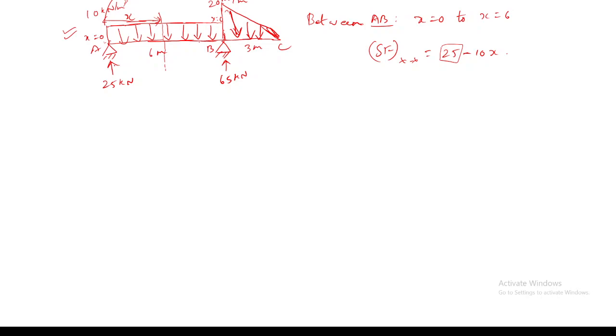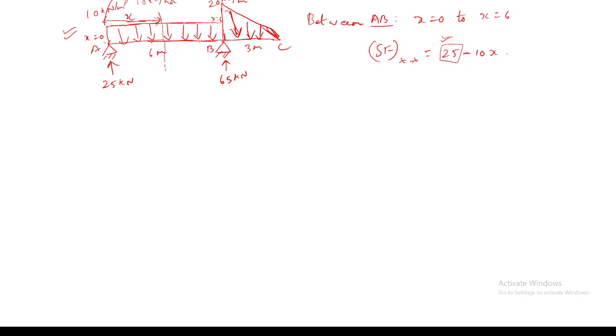Here, due to the point load, based on the sign convention which we are following, the shear force of 25 kilonewton is positive, so I have written it as a positive value. And due to the uniformly distributed load, which is 10 kilonewtons per meter, I should calculate the total load on the left hand side.